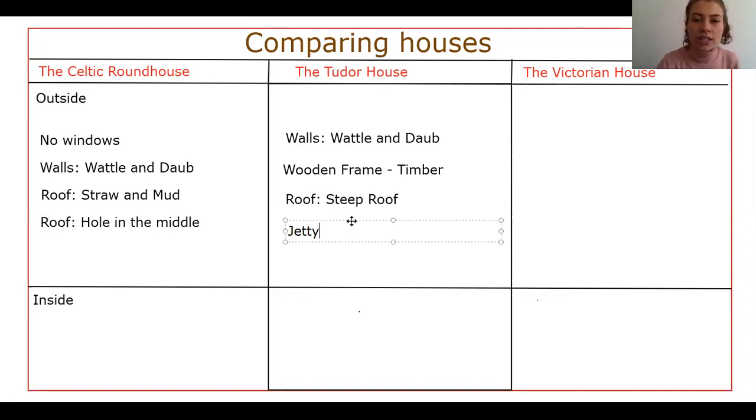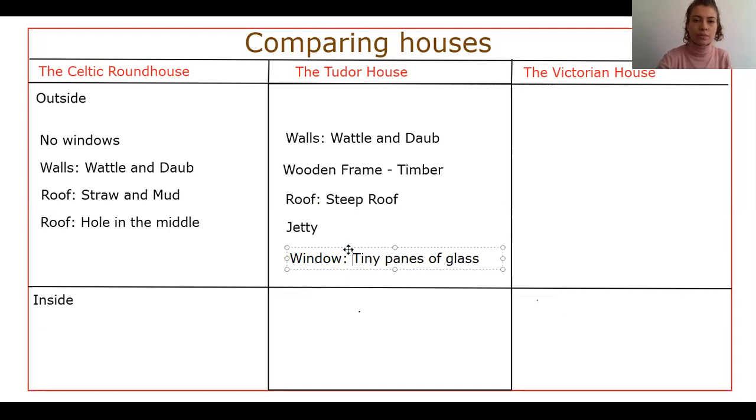So we have the jetty, which is the upper floor. And we have these small pieces of glass. So I will write here this tiny panes of glass in the window. So I will write here window, right?